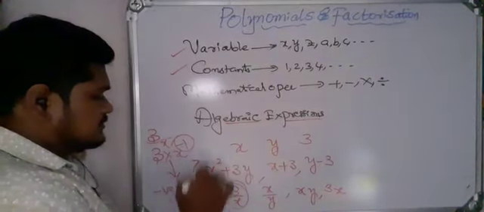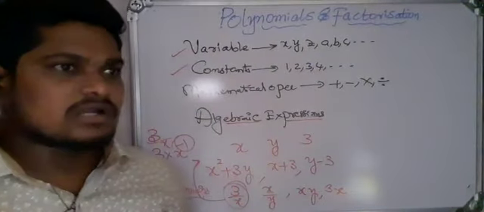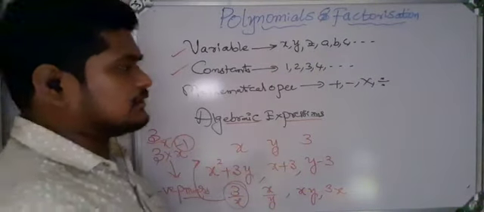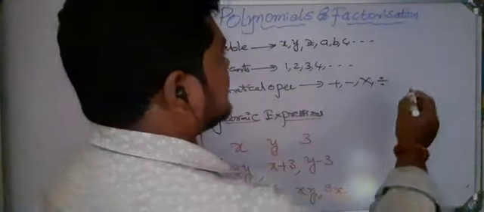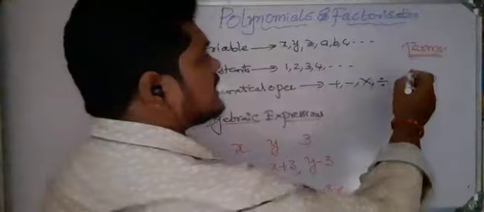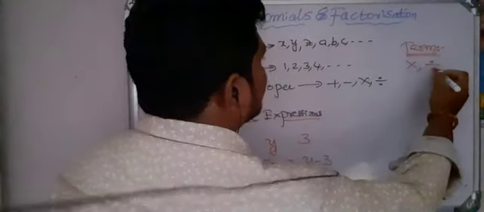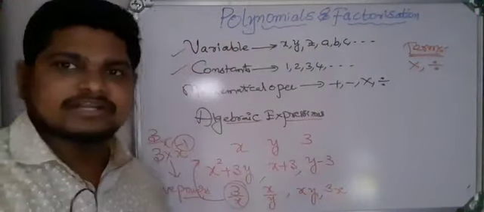Next we discuss terms. What is meant by a term? A term means variables and constants connected with only the symbols into and divided by.